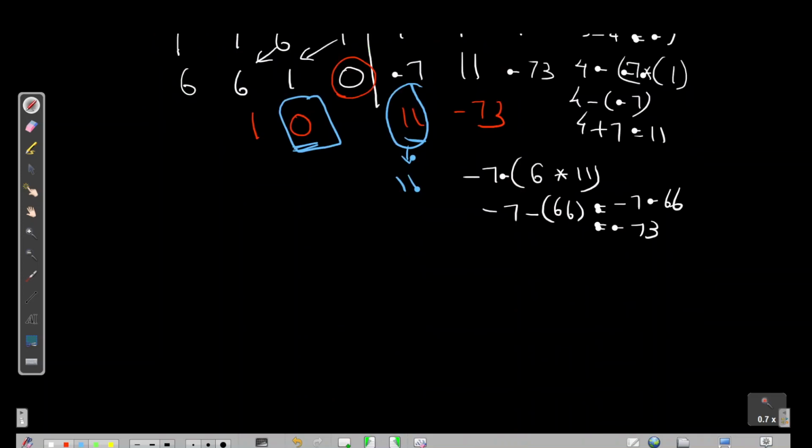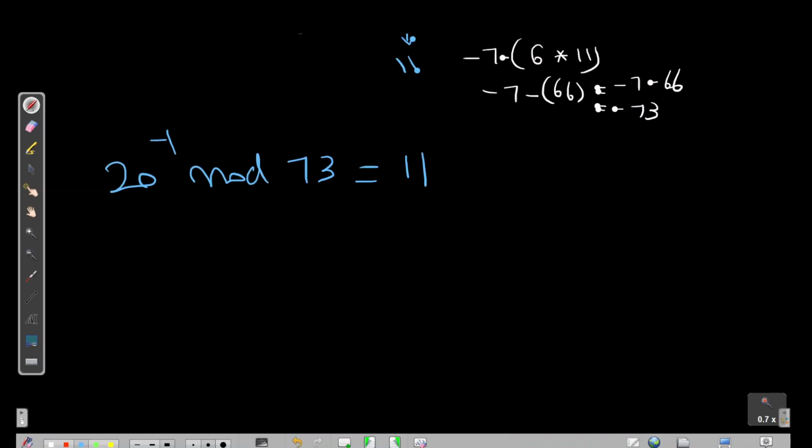Now, from this, we have obtained that 20 inverse mod 73 is equal to 11. This is what we got. Now, let us check whether it is a multiplicative inverse or not. Check it in this way. 11 into 20 is 220.